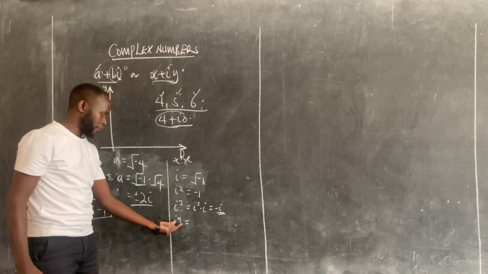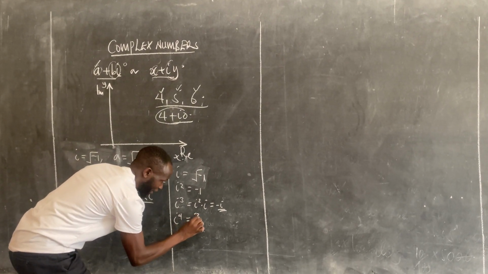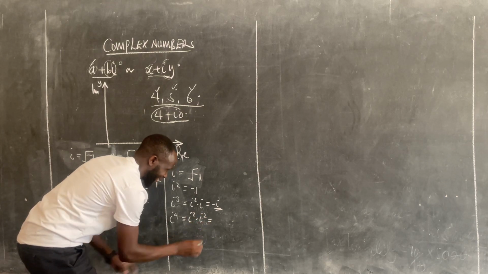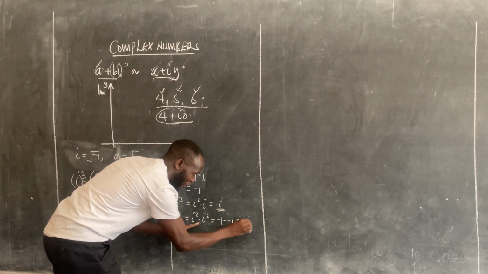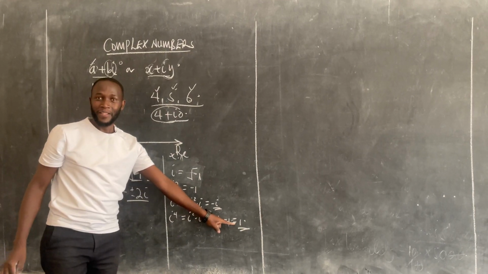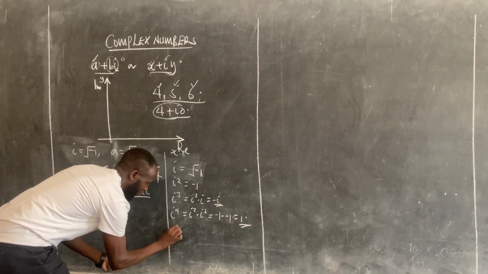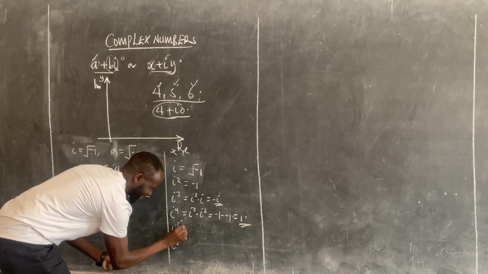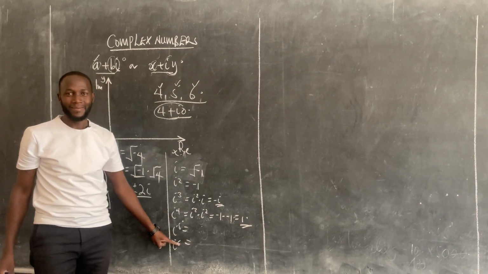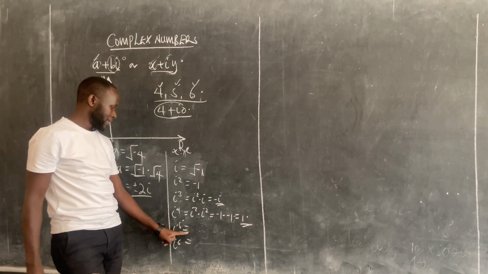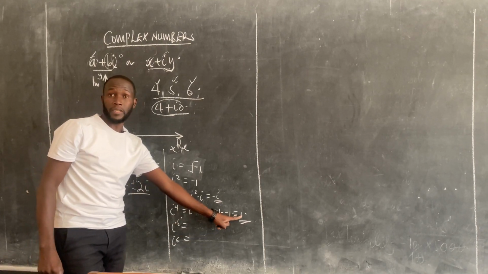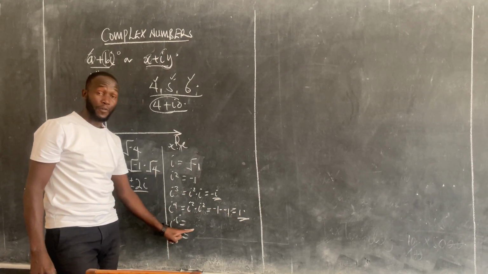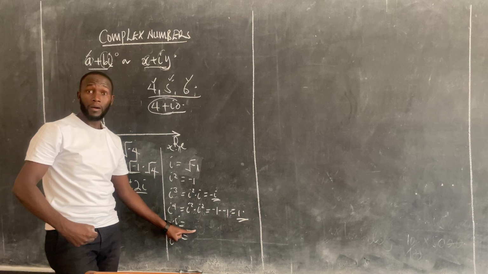Look at this, i to the power 4. i to the power 4 means you have i squared times i squared, giving you negative 1 times negative 1, which gives you 1. So you realize i to the power 5, i to the power 6, this is for you to try. i to the power 5 means i to the power 4 times i, and i to the power 4 is 1, so i to the power 5 will be positive i.